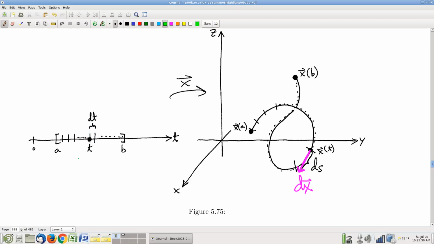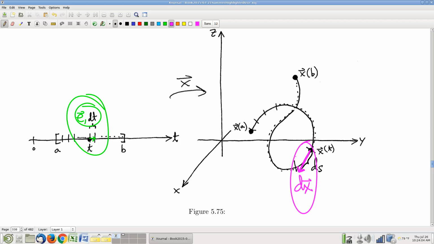So what I'm trying to figure out is, as I step over that little amount dt, which I'm momentarily going to call E1 dt, just to make it look like a vector, given that change in the input, dx is the corresponding change in the output. So it's kind of a directional derivative, but we don't really need to think of it that way because it's a differential of the output. Yeah. Anybody else?